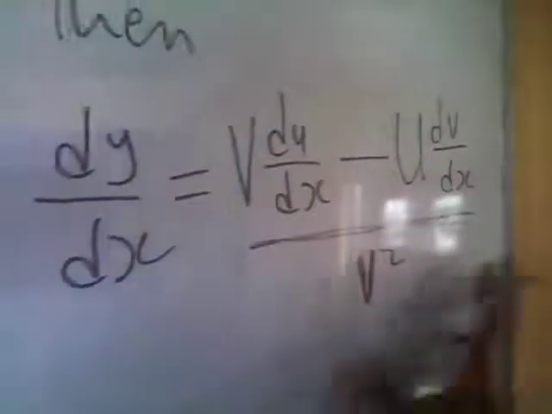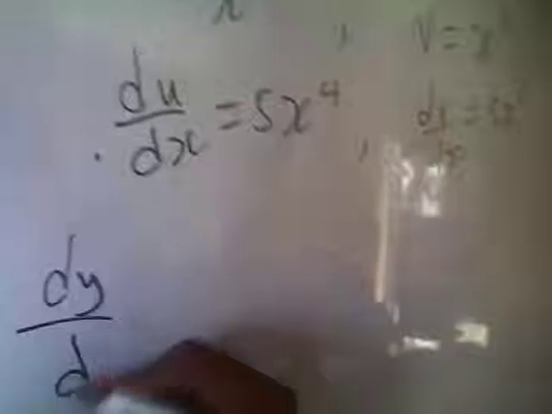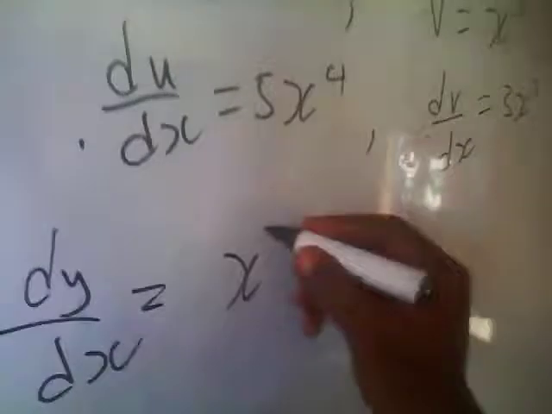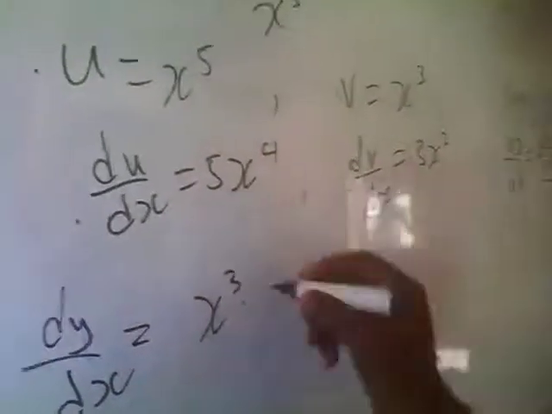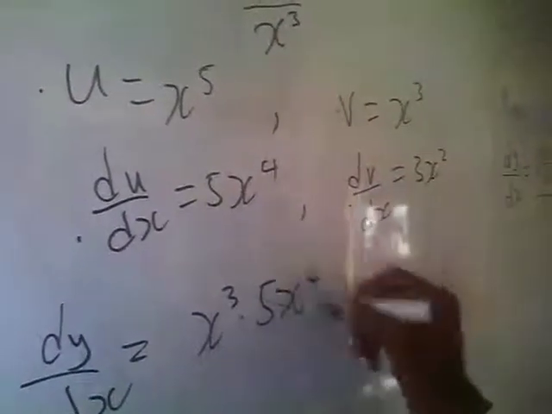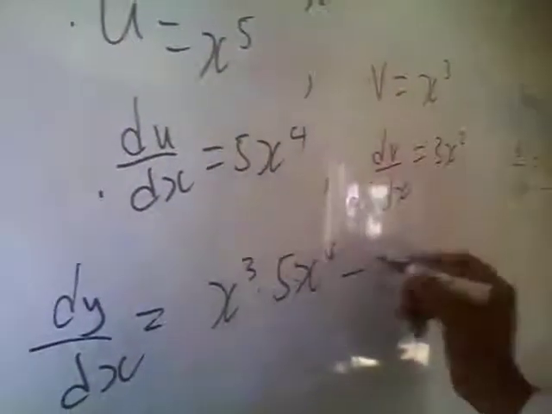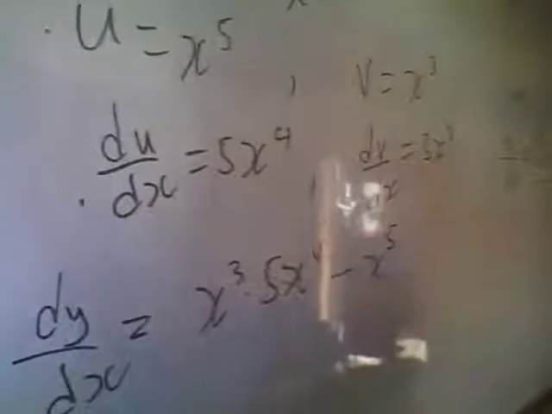So we can input all this into the formula. This formula, called the quotient function derivative formula, can now be applied. Now we have dy dx as v du dx, that is x cubed times our du dx, which is 5x to the power 4, then minus u. What's our u? Our u is x to the power 5 times dv dx.